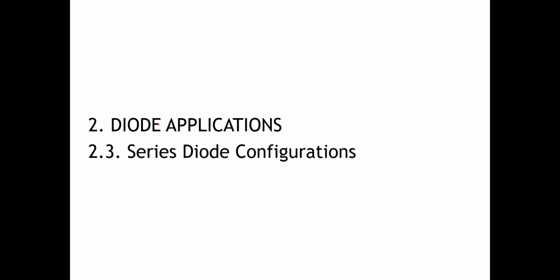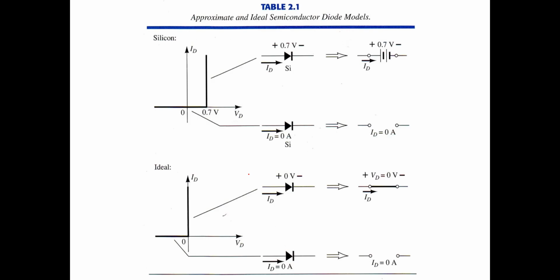Okay, and then we start to discuss the series diode configuration here. So these are the approximate and ideal semiconductor diode models. Approximate means that if the diode voltage reaches the Vk, the typical forward voltage of 0.7 volts, then a large current will flow like this.